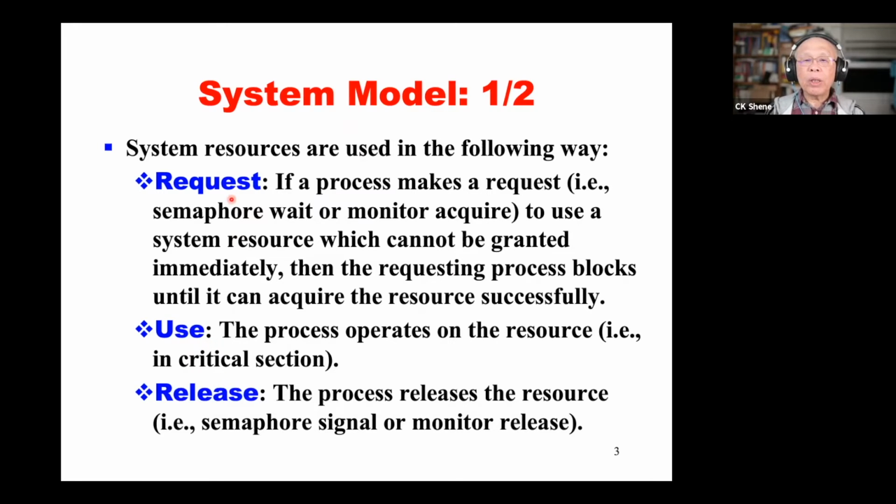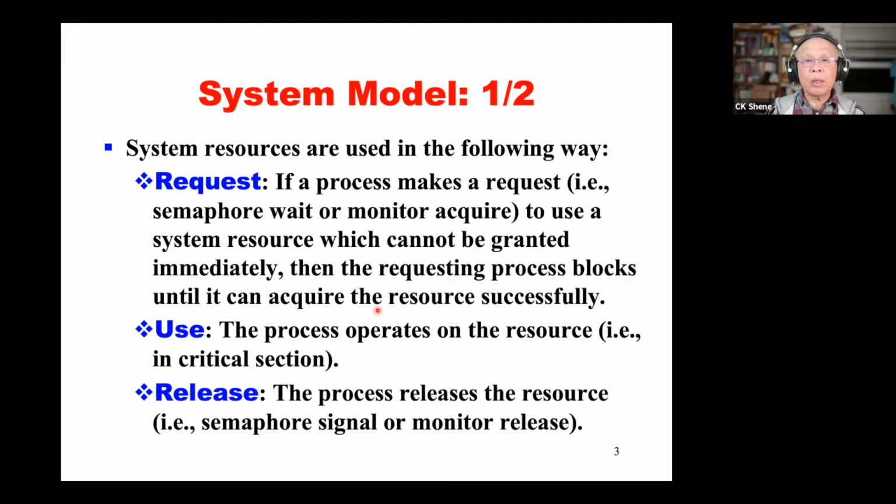So request means a process makes a request, for example, semaphore wait or monitor acquire, to use a system resource, which cannot be granted immediately. Then the requesting process blocks until it can acquire the resource successfully. This is a request. Remember, making a request does not mean it's always successful.